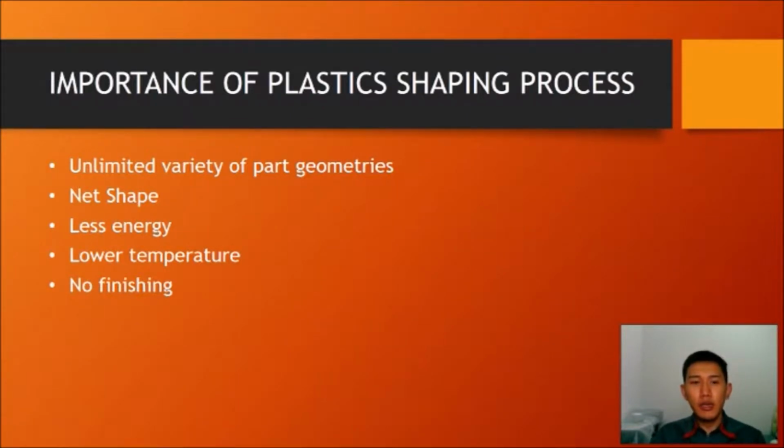Furthermore, this process produces net shape, so it requires no machining or any other process to get our desired geometry. Furthermore, it requires less energy and operates at lower temperature. And finally, it requires no finishing such as painting and coating.